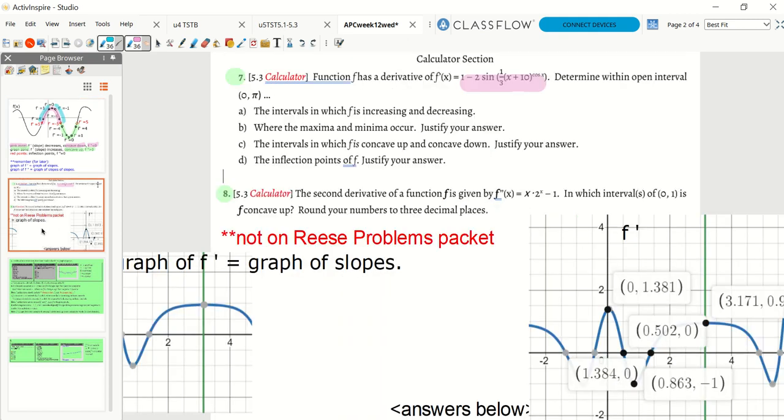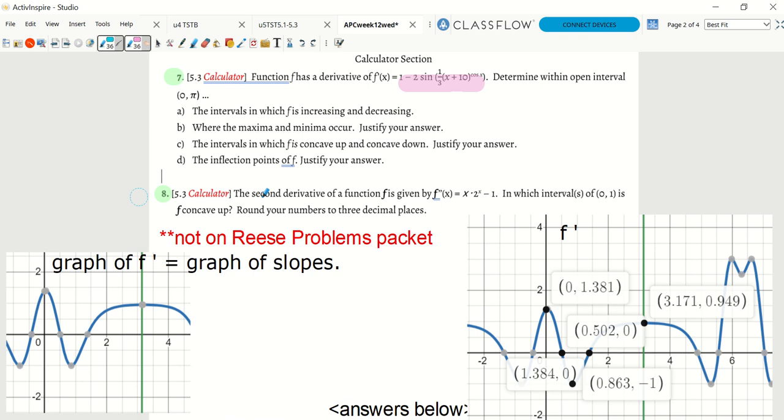So here, remember, this is the graph of slopes. The slopes are positive here, and also the slopes are positive here, and that's when, whoops, I misspoke. Here the slopes are in the positive area, and so is it over here.